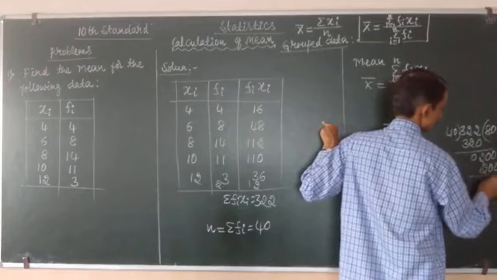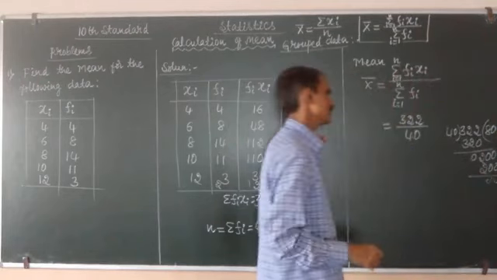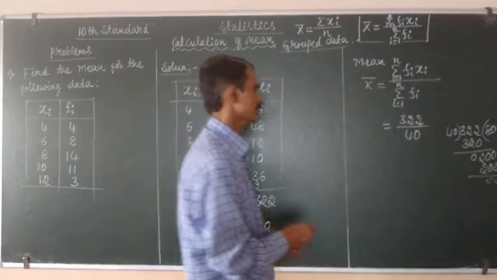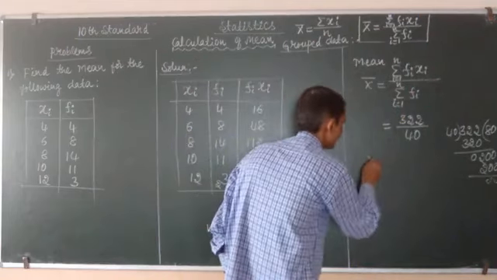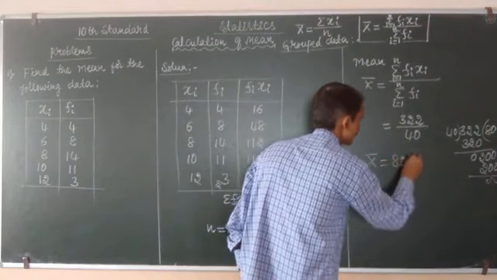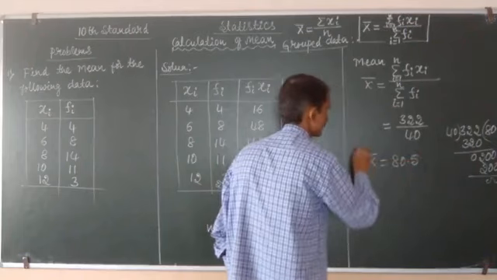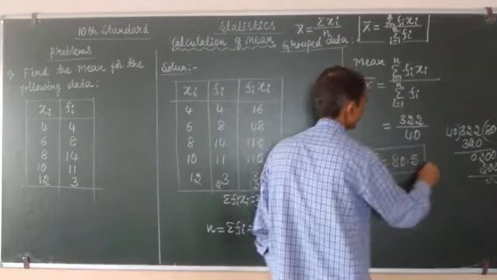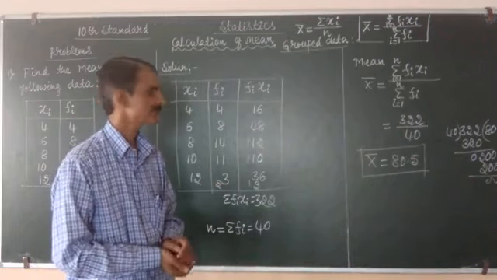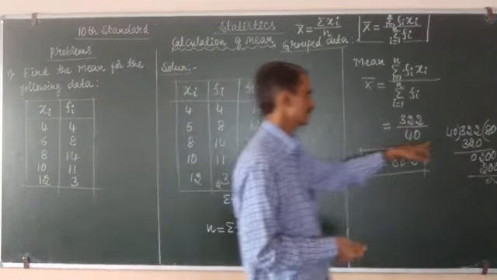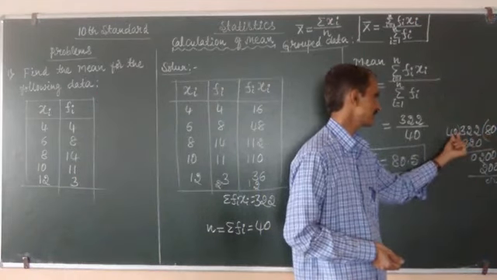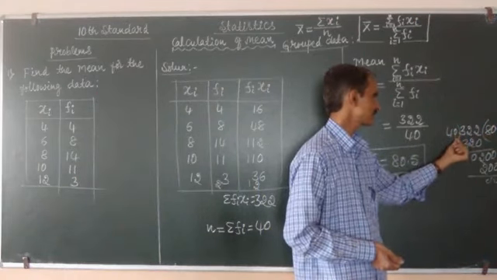So it will be 0. So therefore the value of x bar equals 80.5. The mean of the given scores is 80.5. So now divide it. So 4 8, 4 8, so 320.